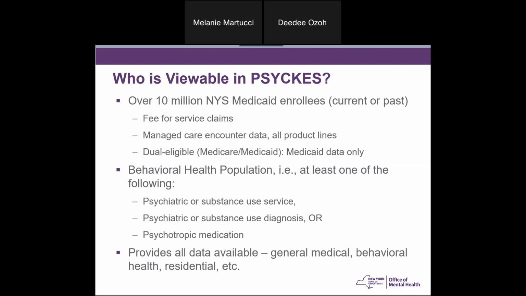And these recipients also fall within the behavioral health population, which means that they currently or in the past have received a mental health or substance use service, a psychiatric or substance use diagnosis, or were prescribed a psychotropic medication.